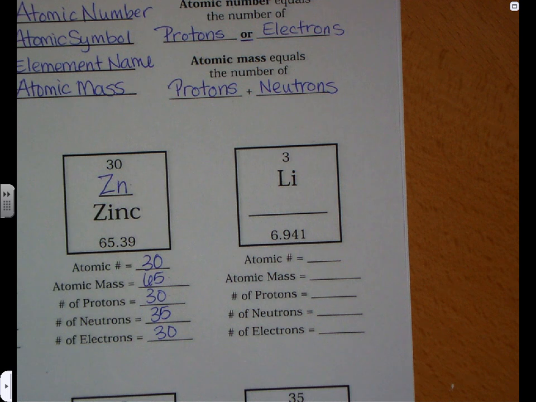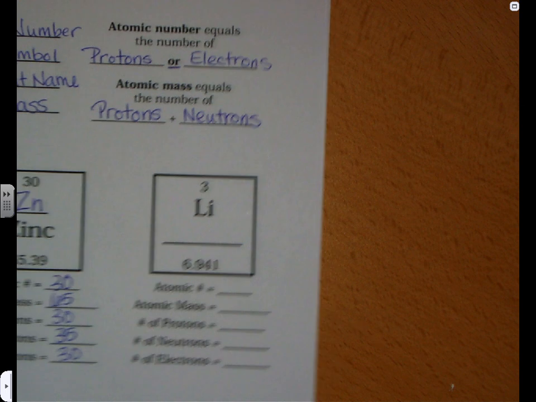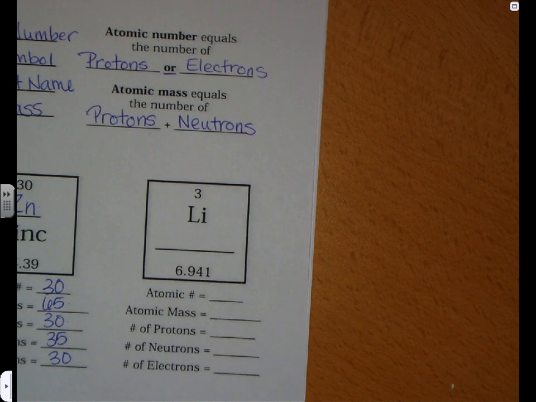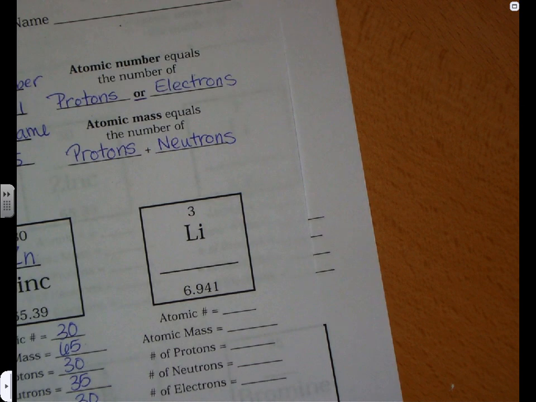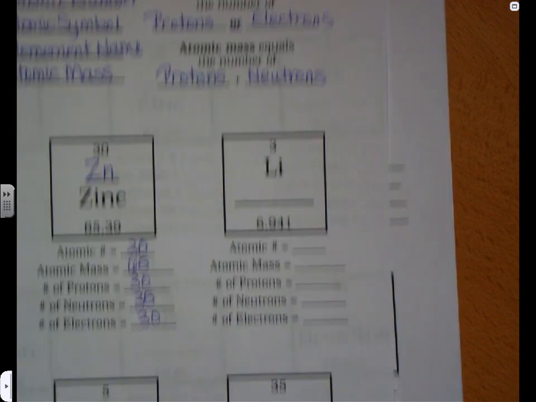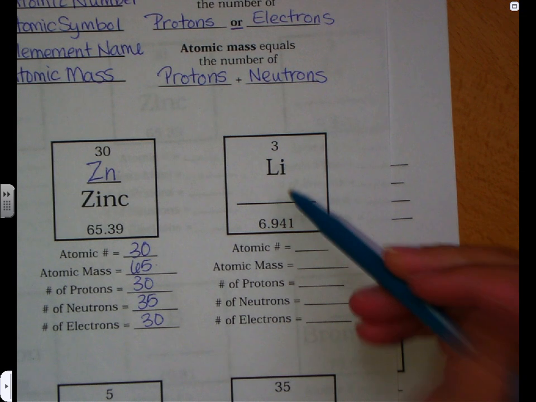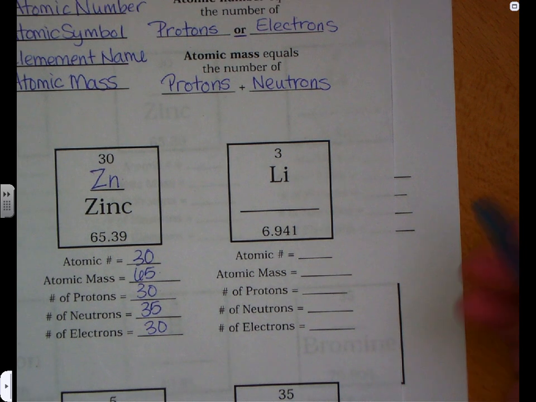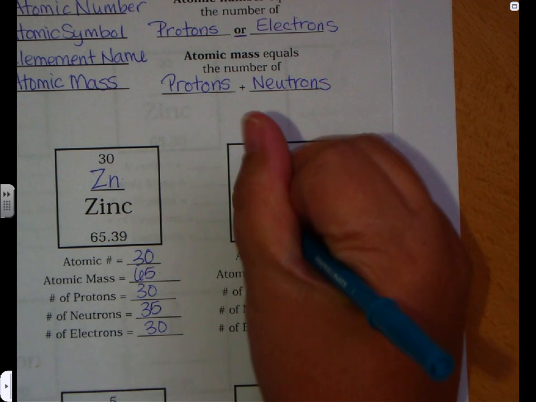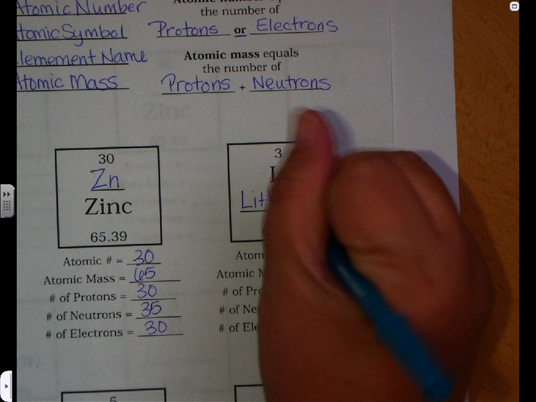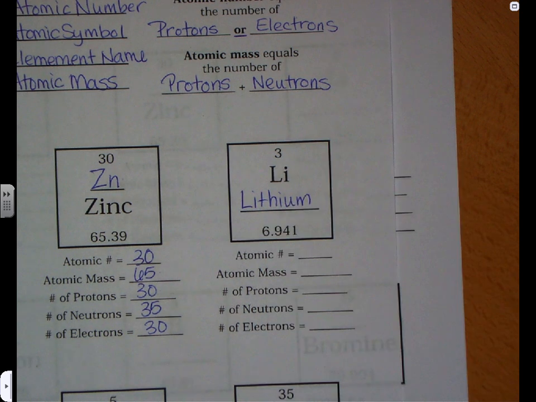Okay, so let's look at this next one. What is the symbol Li stand for? Jacob. Lithium. Okay, so what is the atomic number for lithium? Laura. 3. So what else can I fill in if I know the atomic number? Larry.